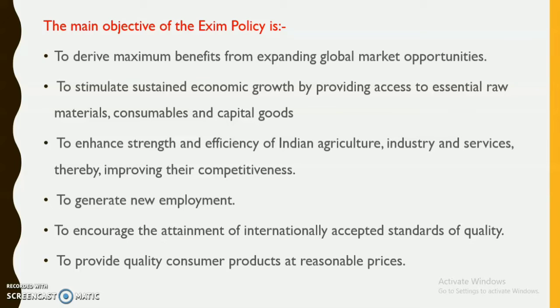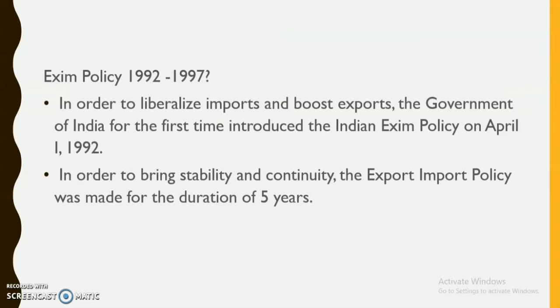The competition will result in the improvement of quality, to generate new employment, to encourage the attainment of internationally accepted standards of quality, and also to provide quality consumer products at reasonable prices. These are the main objectives of EXIM policy.